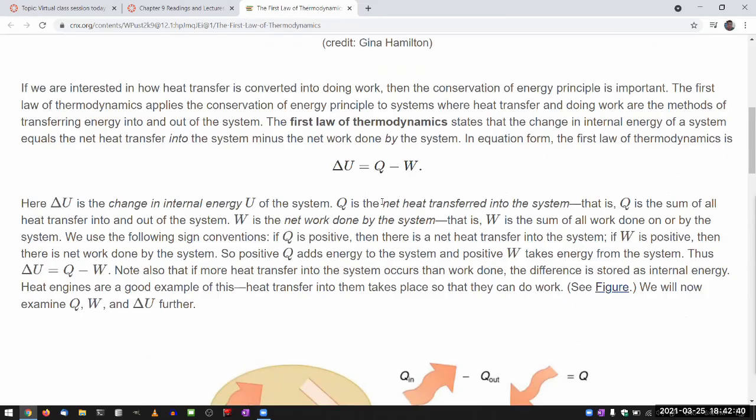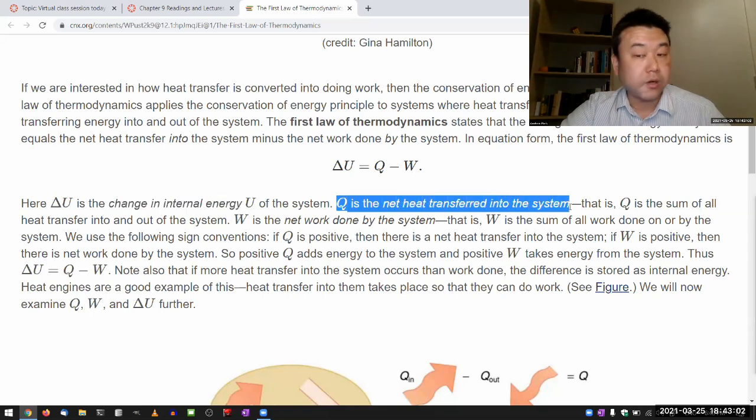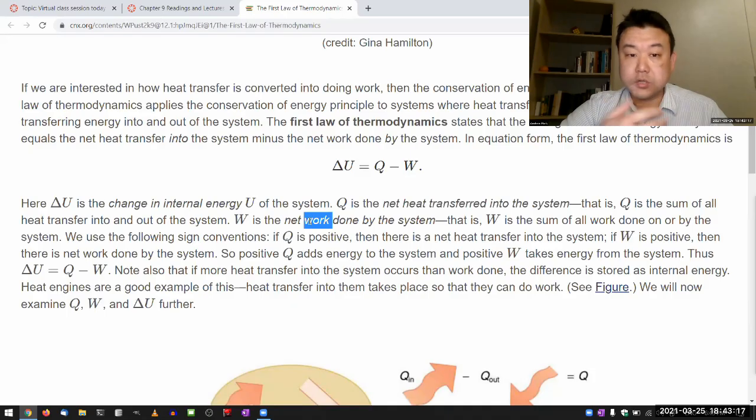Getting out of that, just the definitions of internal energy, heat, and net work, what this is saying is that whenever you see a change in energy, that change in energy has to be accounted for somehow. It could either come from the direct transfer of this particular form of energy, thermal energy or heat, or it could come from another way of transferring energy, which is work, that you saw in chapter 4 as a way of transferring energy.